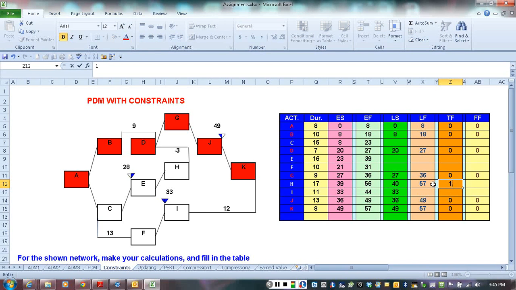And since it does not have any other successors, the free float is going to be the same thing. Now looking at activity E. From H we have at the start, late start 40, so we're going to have here 40.